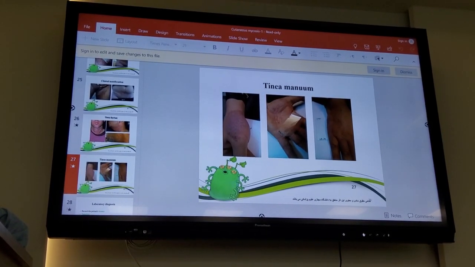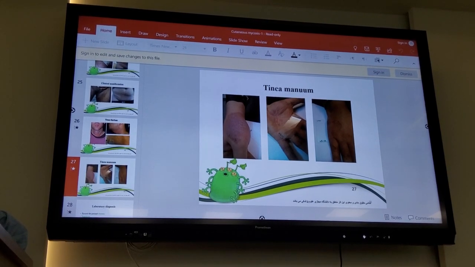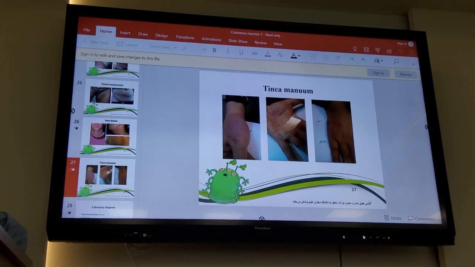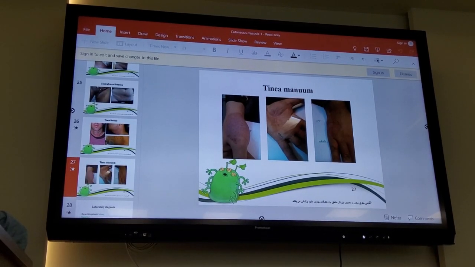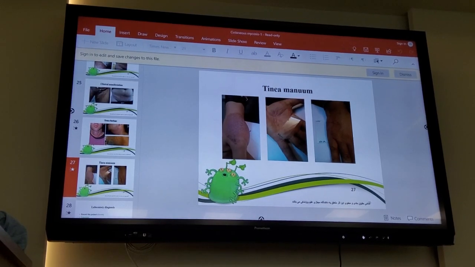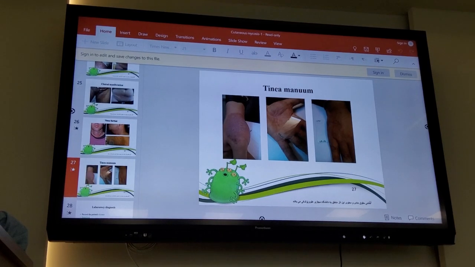In the foot, we say toenail; in the hand, we say fingernail. In the foot, we say toe, but in the hand, we say finger. Interdigital space, in the foot, is the toe web.